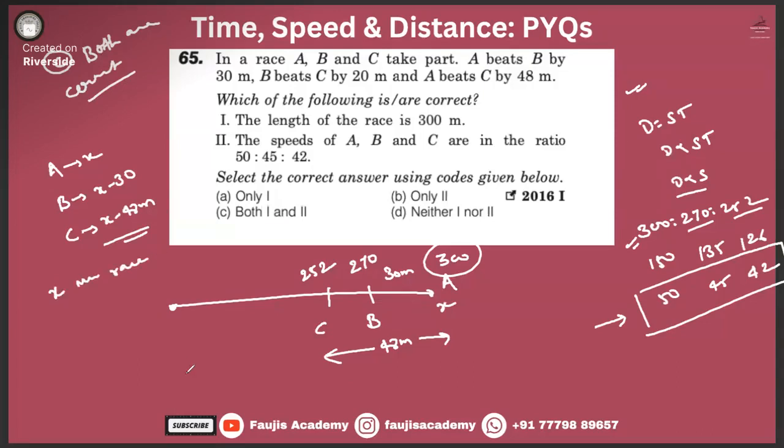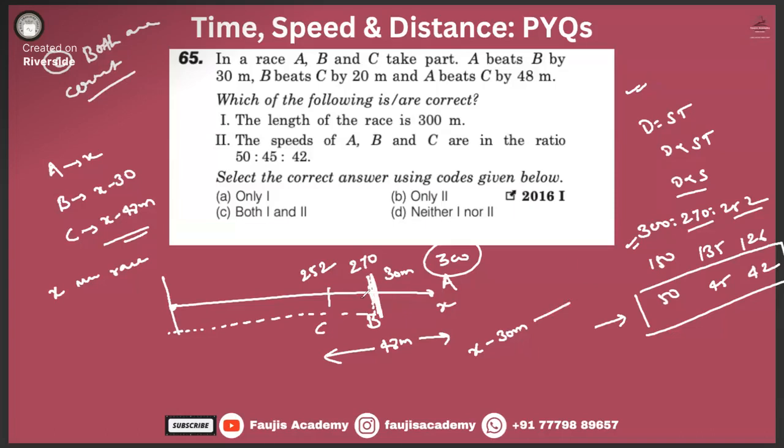Let us assume this is the race with respect to B, the x minus 30 meter race.